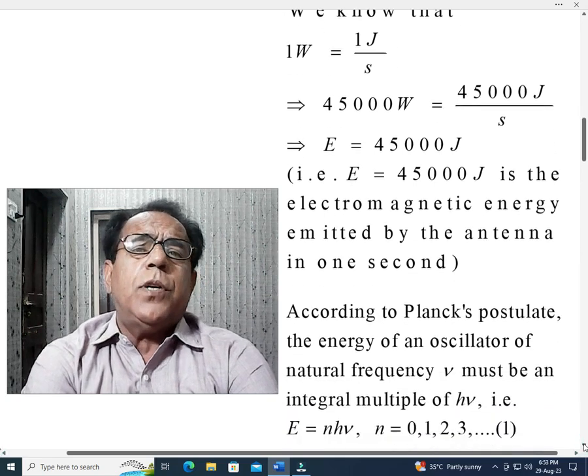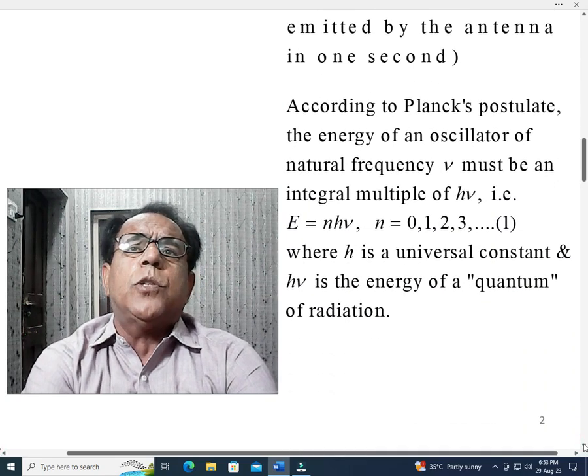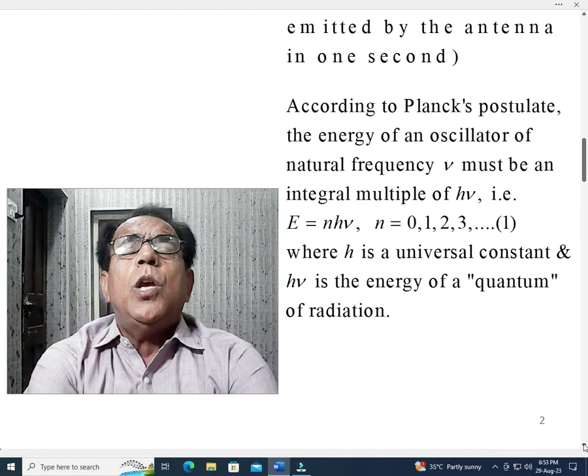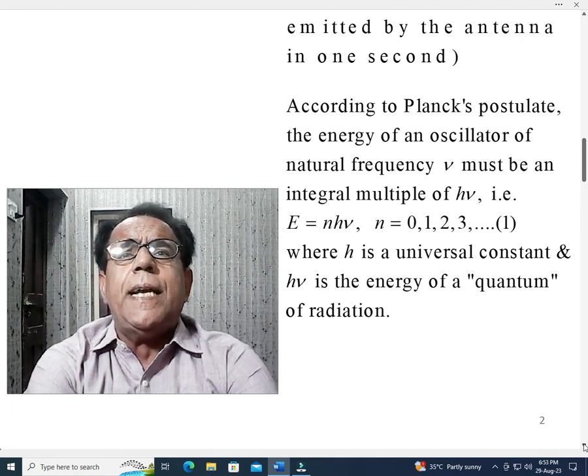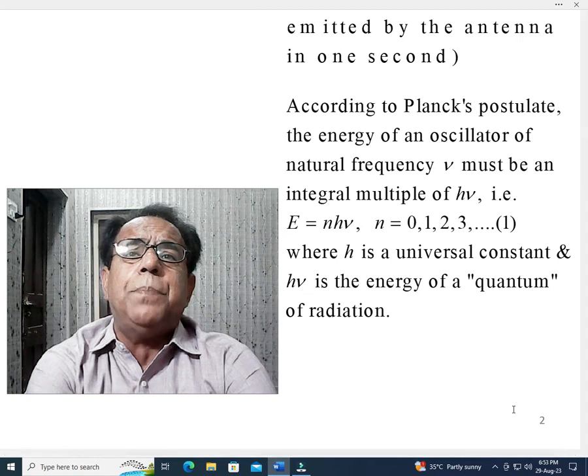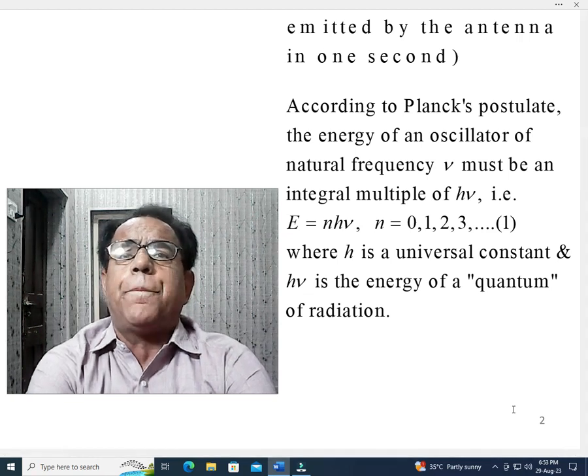Now we move forward according to Planck's postulate. Okay, Planck's postulate or Planck's hypothesis. According to Planck's postulate, the energy of an oscillator of natural frequency nu must be an integral multiple of h nu.